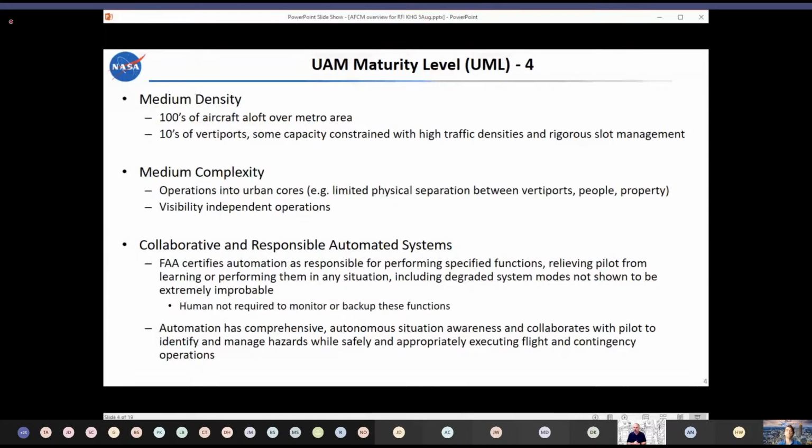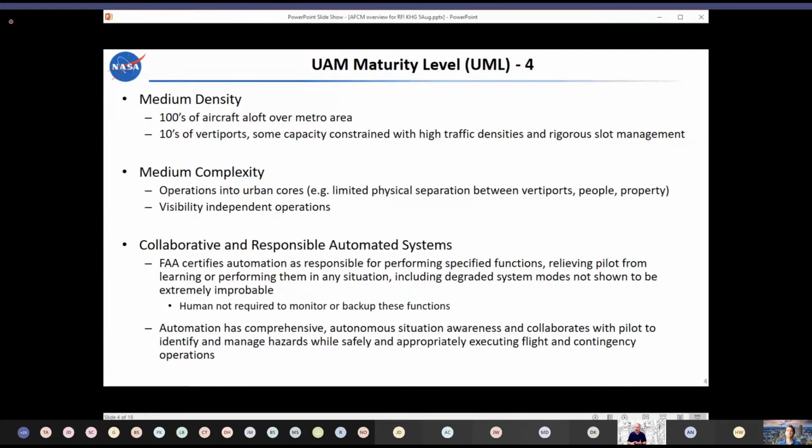This is where we have the ability to automate a function with sufficient reliability that it is completely removed from the pilot's responsibility from performing. So they don't have to learn how to do it initially. They don't have to monitor it during the operation, and they don't have to be prepared to backstop it.